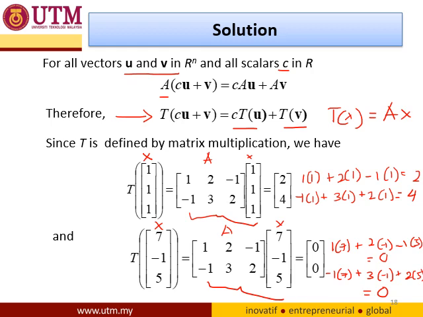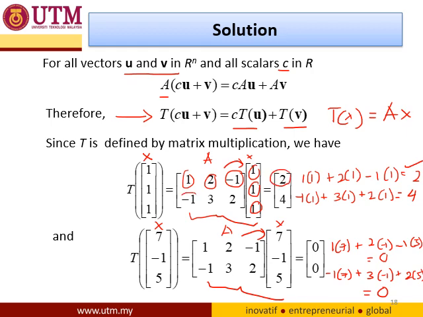For those who don't know how to calculate this, you need to multiply the matrix with x. So you will get 1 multiplied by 1, plus 2 multiplied by 1, plus -1 multiplied by 1. And then if you calculate, you will get your answer, 2.